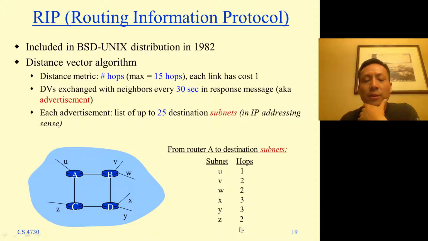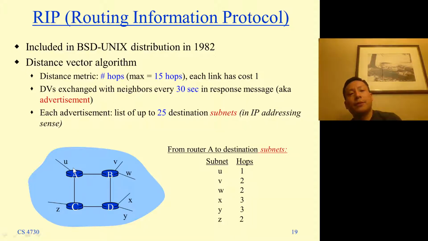So you simply depend on how many hops, because each hop you count as link cost of 1. So the hops actually decide the overall distance metric. If you want to find the shortest path, you simply find the path with the smallest number of hops, right?